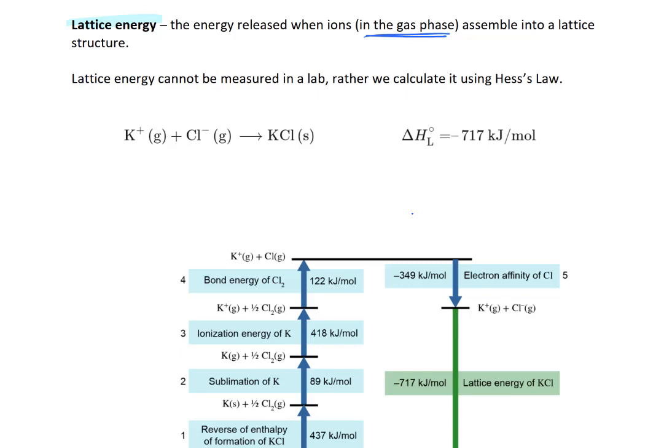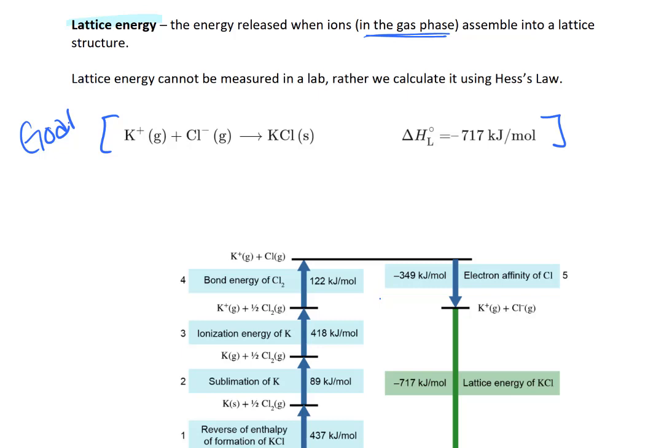So right here, this equation, if we were looking at our Hess's law background, this would be our goal equation. This is what we would be shooting for as our final equation after we added everything together.